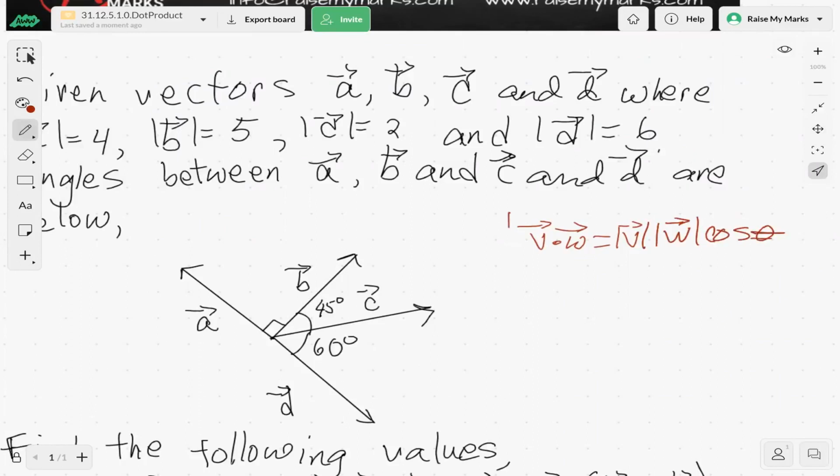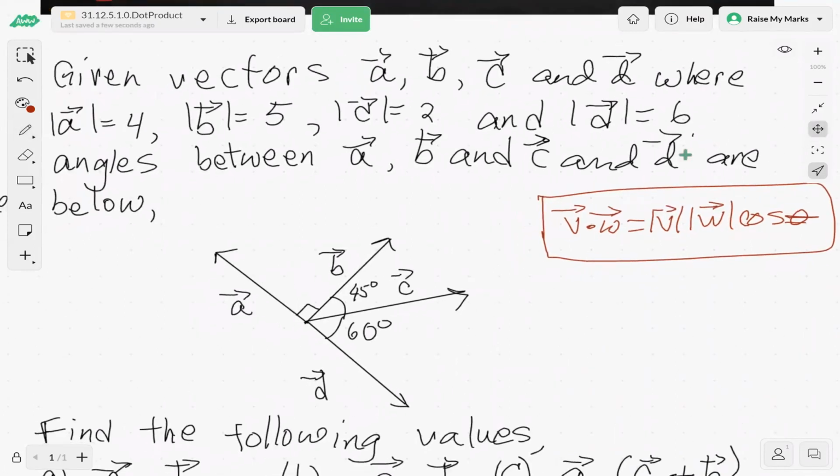So why don't we label the magnitudes of each of these vectors? The magnitude of A is 4, B is 5, C is 2, and D is 6.